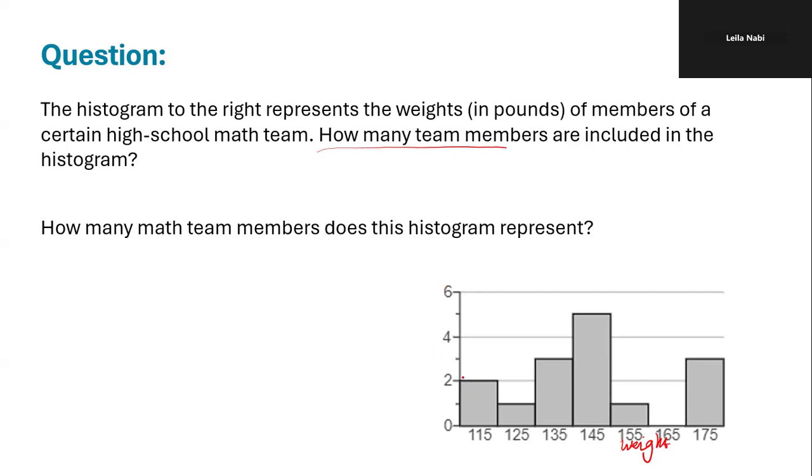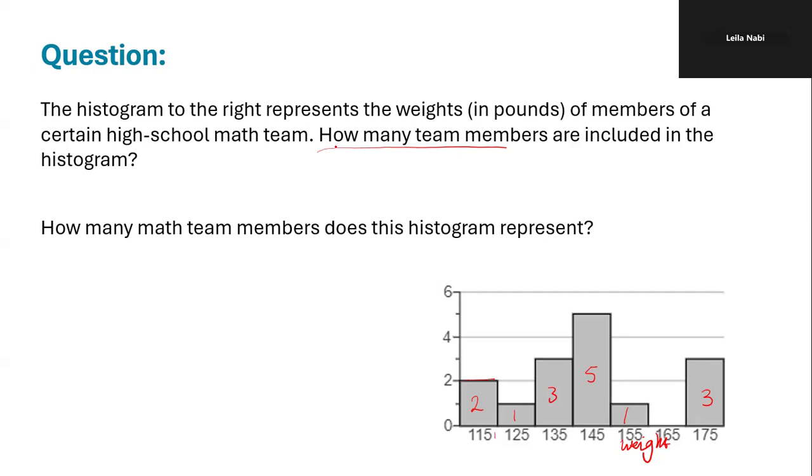For example, the first bar tells you there are 2 members with the weight of 115. This one tells me there is 1 member with a weight of 125, 3 members with weight of 135 pounds, 5 members 145 pounds, 1 member 155 pounds, there's no one with 165 pounds, and 3 members with 175 pounds.